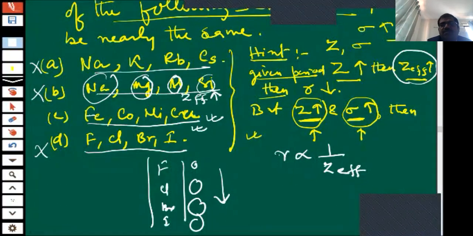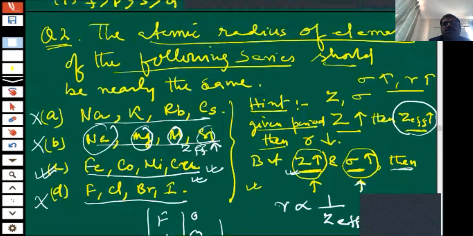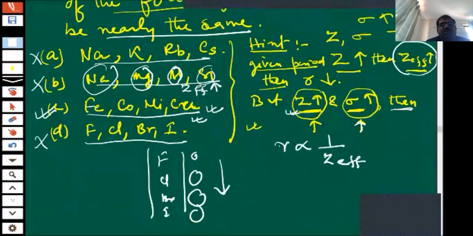Z increases, sigma value also increases. Z tries to decrease the size and sigma tries to increase the size, and therefore the sizes become nearly the same or show a small increase. So this is our correct answer, children. It should be nearly the same.